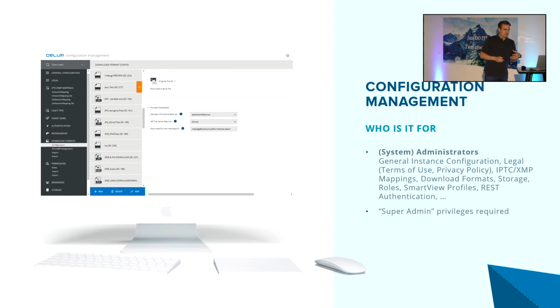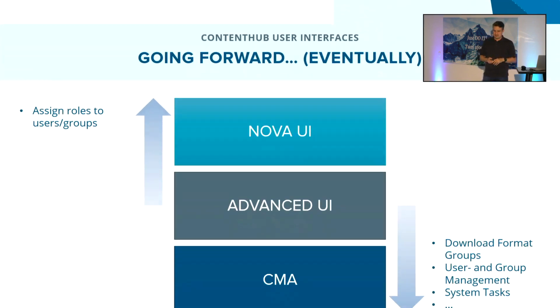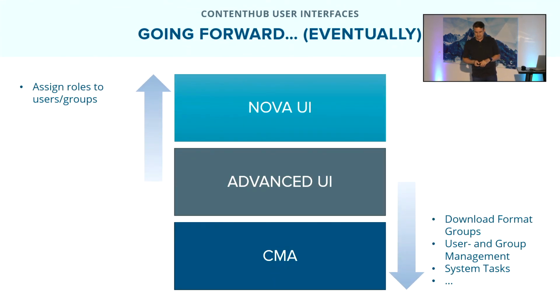Right, and if we look at where we want to go in a kind of Endausbaustufe, in the end, we're going to add things that are still happening in advanced UI into Nova, like assign roles to users and groups, for example. But other administrative tasks will be migrated over to CMA.